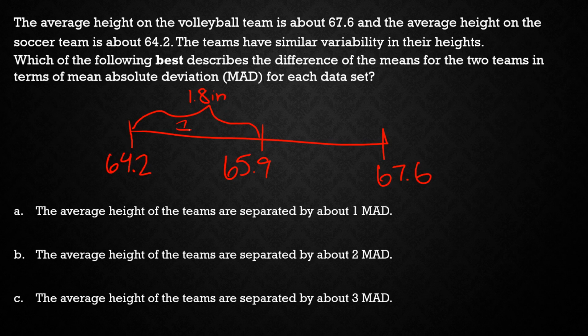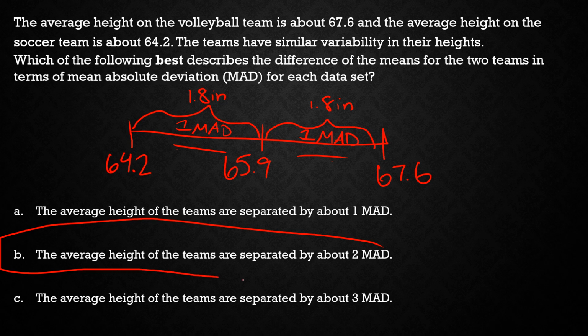So this is one MAD. And then if I were to go another distance of my MAD, another MAD, I would have the distance between those two averages, which means I am traveling 2 mean absolute deviations apart. So the average height of the team is separated by about 2 mean absolute deviations.